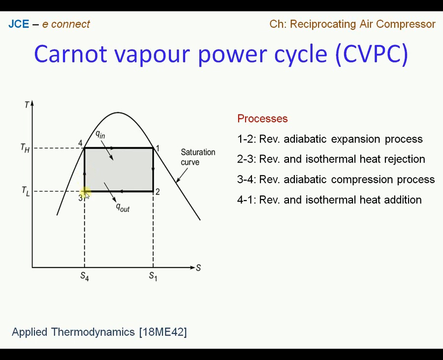We know that reversible adiabatic represents an isentropic process. Therefore we have points 3 and 4 on a TS diagram where entropy is constant, so S4 is equal to S3 here.